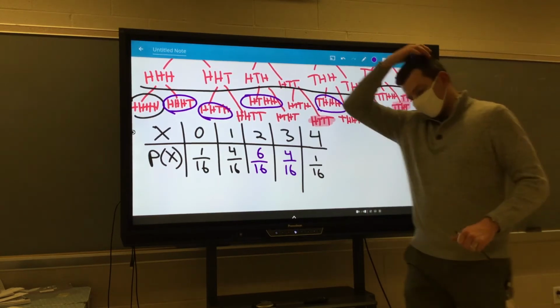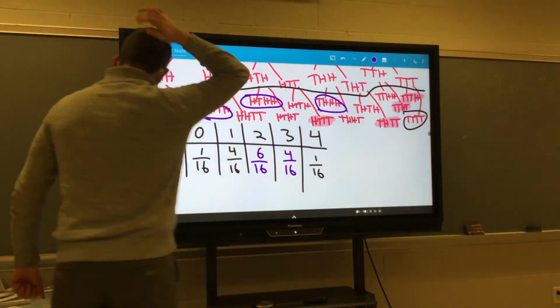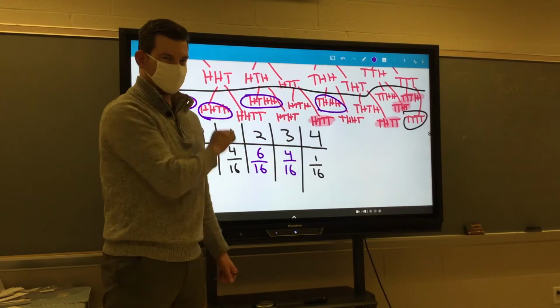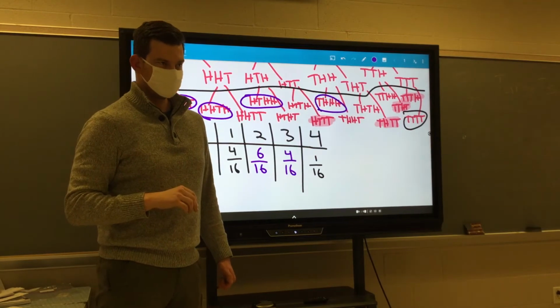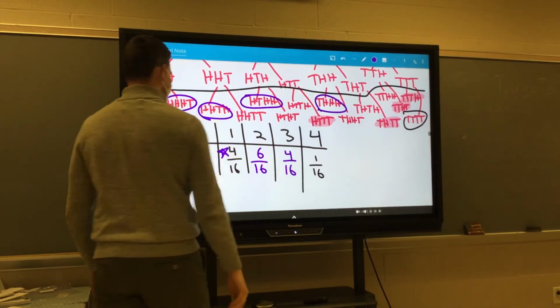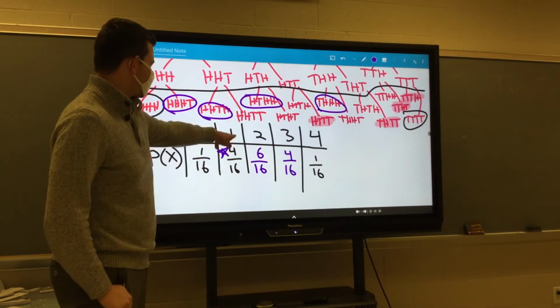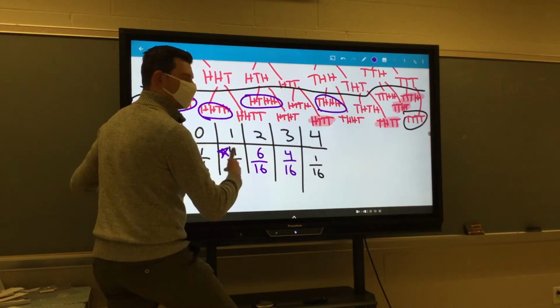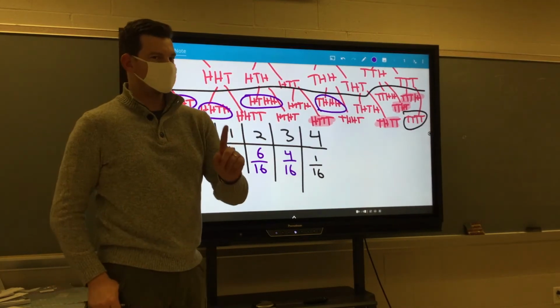But let's look at what's happening here, right? We have successes and failures. We already know that this does fit the binomial model. So, like this one right here. This example was 1 head and 3 tails. 1 success and 3 failures.